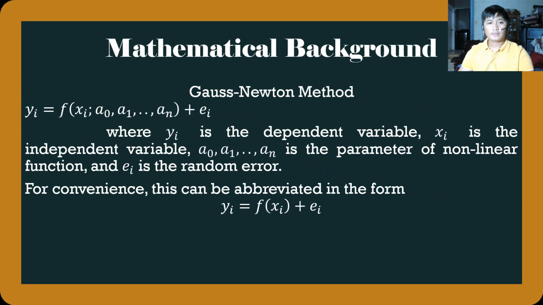Mathematical background. This is the general equation for the Gauss-Newton method: y sub i is equal to f of x sub i, a sub 0, a sub 1 to a sub n, plus e sub i, where y sub i is the dependent variable and x sub i is the independent variable. a sub 0 to a sub n are the parameters of the nonlinear function, and e sub i is the random error.